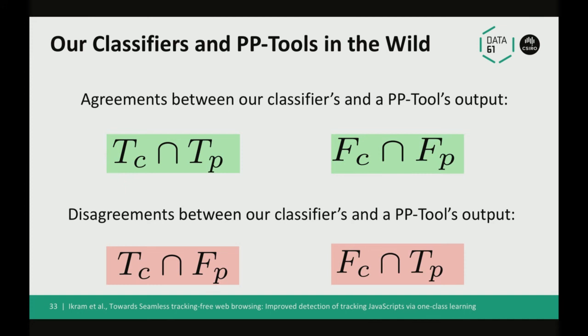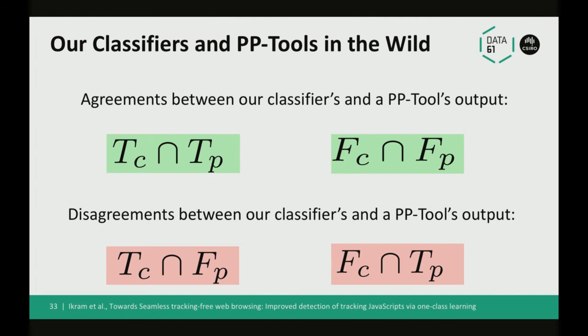Here T means tracking and C means the classifier. So what has been labeled tracking by our classifier is also labeled tracking by the privacy preserving tool. Similarly, JavaScript labeled functional by our classifier is labeled functional by the privacy preserving tool.